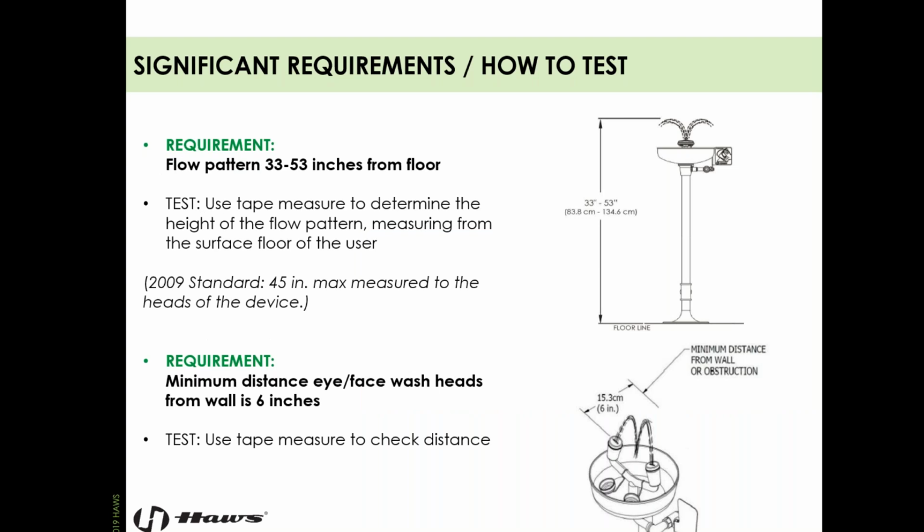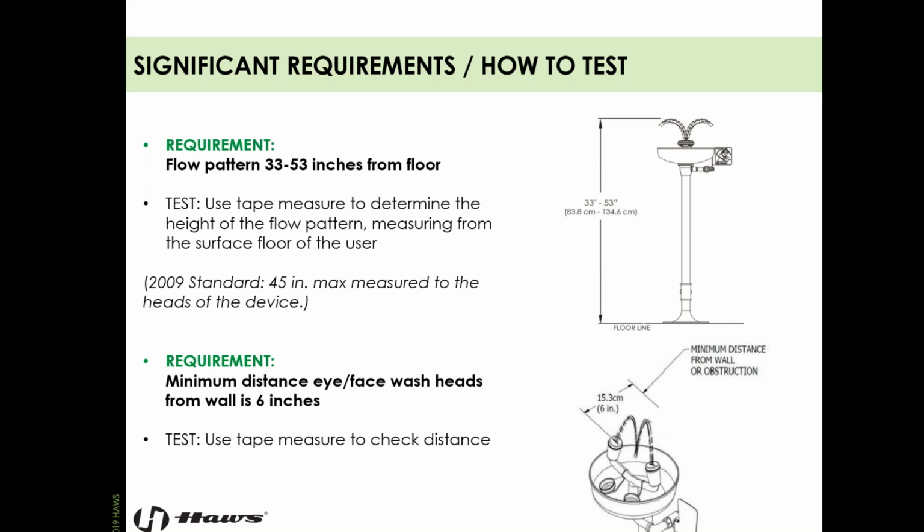Now the flow pattern for the water has to be between the top of the flow pattern, I should say, of the water, not of the head of the device, of the water, has to be between 33 and 53 inches for this same reason. Okay, we want to make sure the taller amongst us, the shorter amongst us can all balance, bend over, and utilize the water coming out of the heads of the device at a reasonable height.